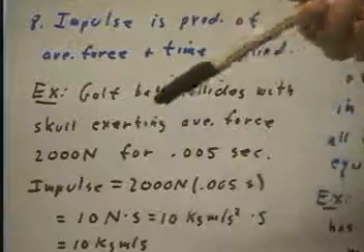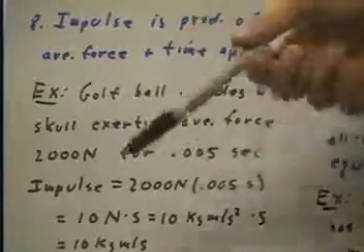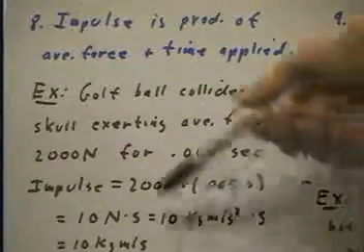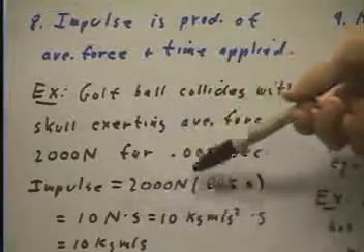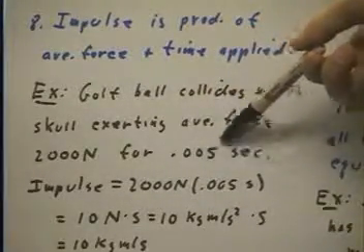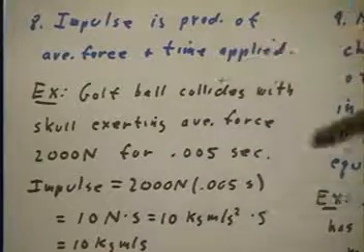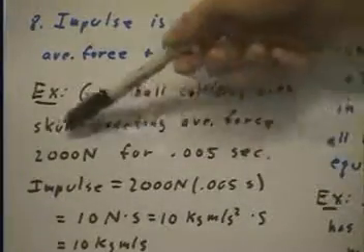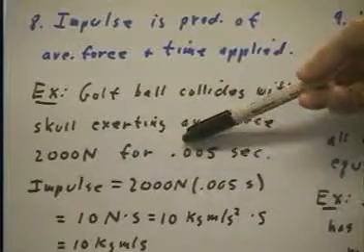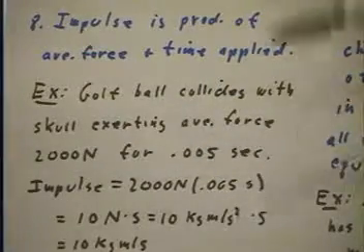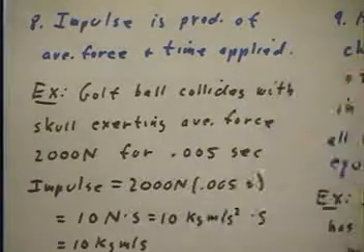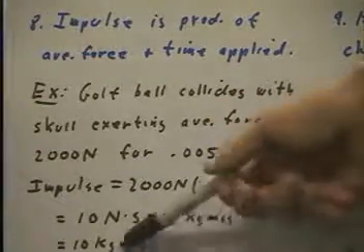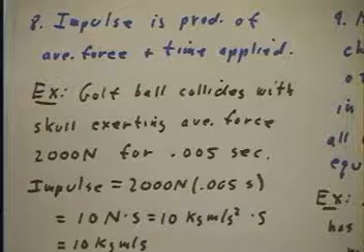Actually, it's not all that much force for a golf ball collision, and your skull can easily withstand that kind of force, although it does raise a lump, for a very short duration, 5 milliseconds. Now, a 2,000 newton force acting for 5 milliseconds gives you an impulse of 2,000 newtons times 5 milliseconds, or 10 newton seconds, which is 10 kilogram meters per second.